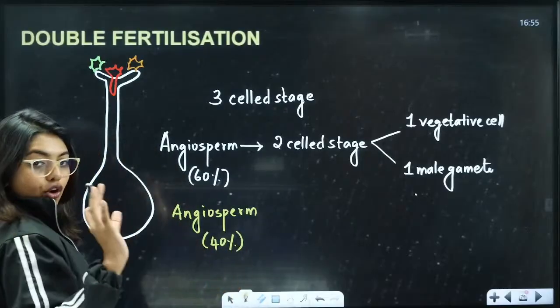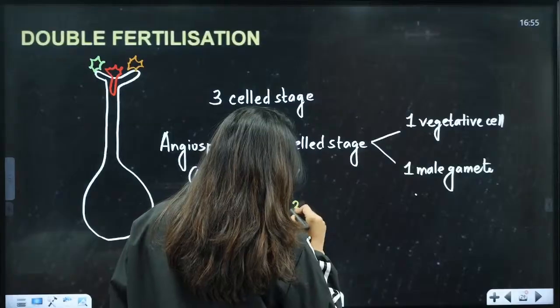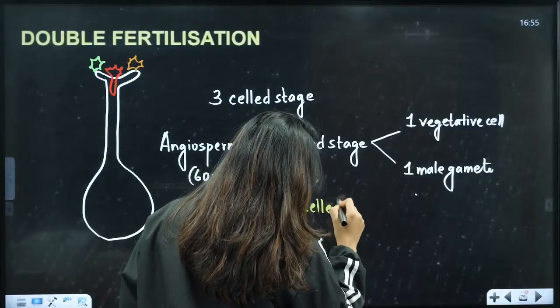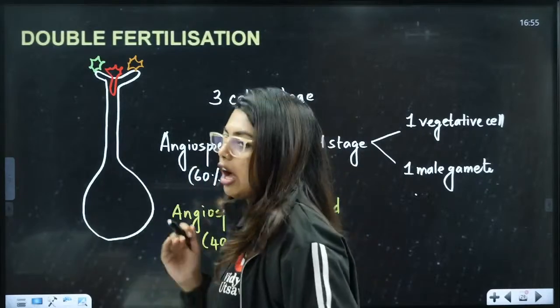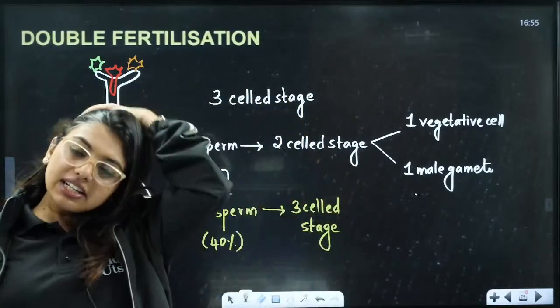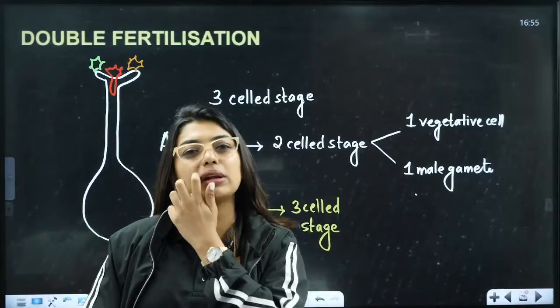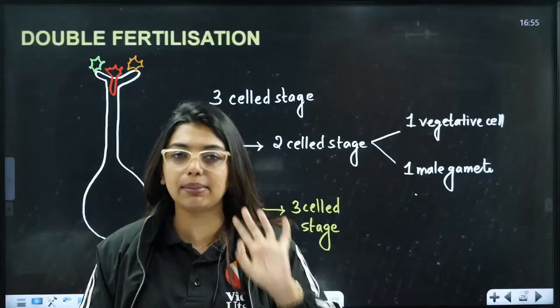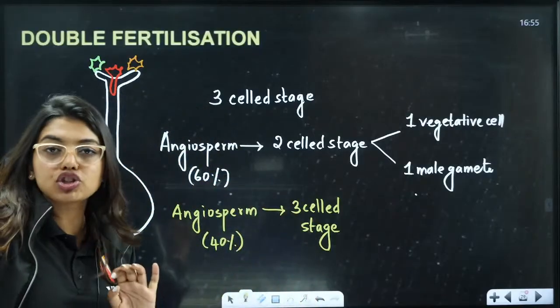In the rest of the 40% of angiosperms, there is something called the three-cell stage. So halfway, the generative cell will be speaking. The generative cell will be like, I will undergo one more division. In case that happens, let's imagine the engineer and doctor both want to be part of this marriage.